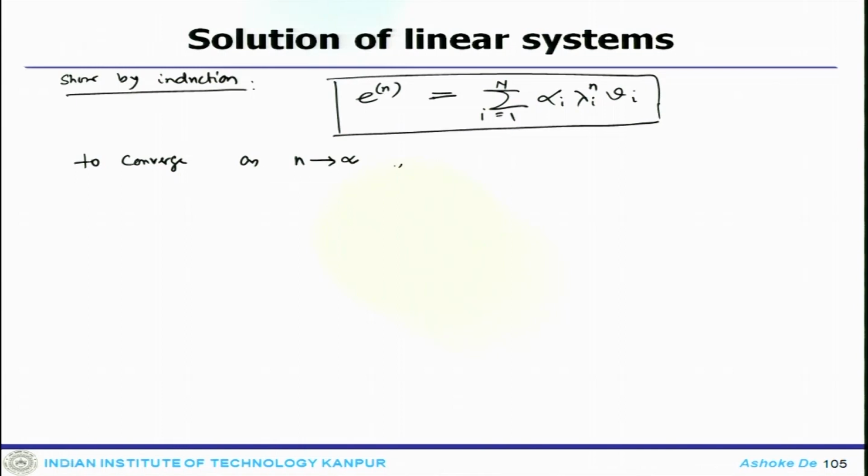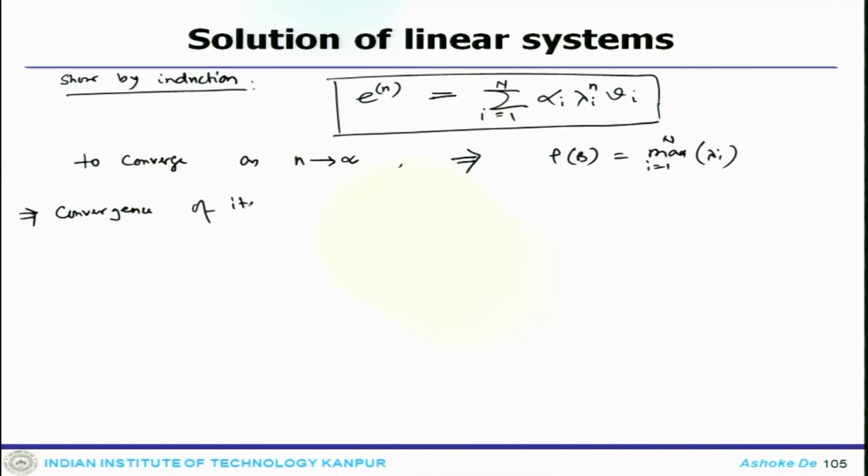If any one of them is greater than 1, then the error will tend to infinity. So my spectral radius of B should be less than 1, because lambda corresponds to the eigenvalues for that matrix B.